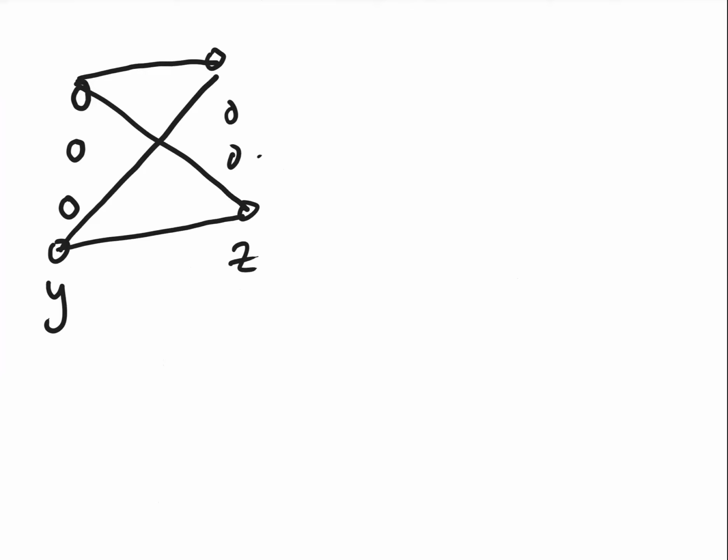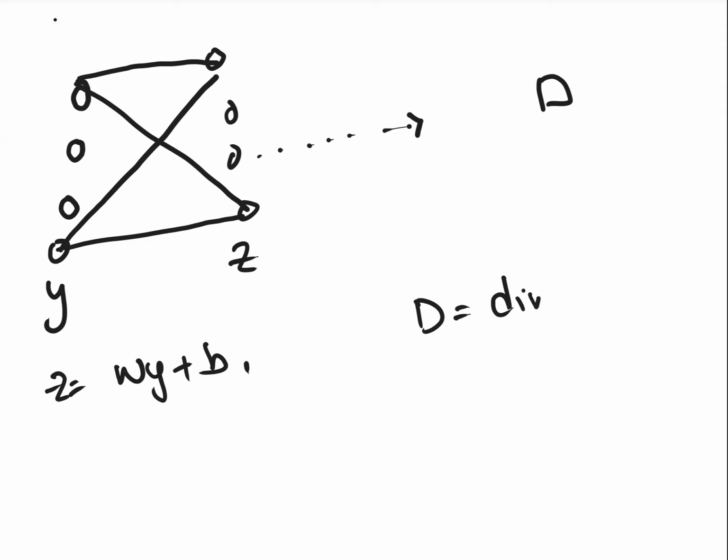And then this z goes downstream and eventually is used to compute the divergence D. So I have Z equals WY plus B, and the divergence is some function of Z, right?